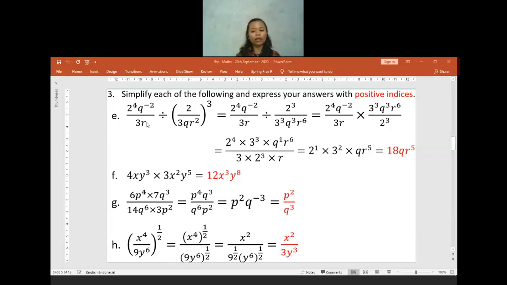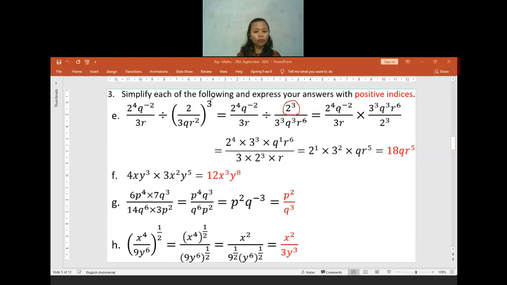For the second term, it is inside the bracket. Everything inside the bracket will get the power. So the 2 will get the power of 3, becoming 2 to the power of 3.